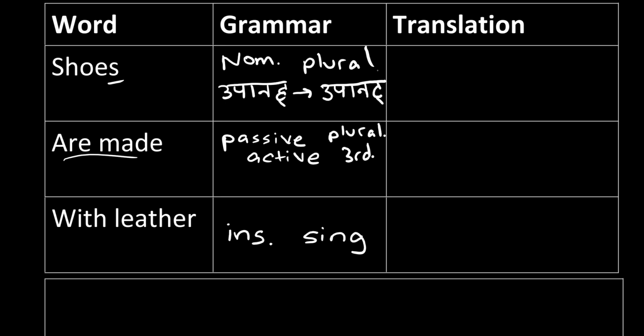When upanat is declined in the nominative plural case, and given the fact that this is a feminine word and this is a noun with one stem, what we're going to end up with is upanatah.